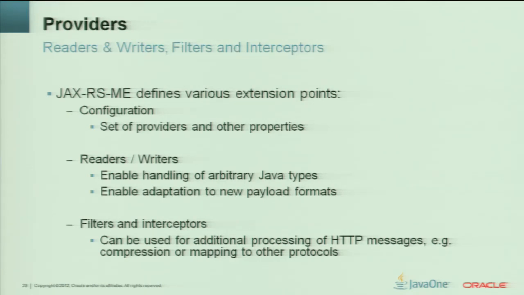So you can set the providers on the configuration, and you can have multiple configurations in the same runtime. So you could imagine having even two different protocol configurations that you would use, and one would be using HTML and the other would be, for example, CoAP. The readers and writers can handle arbitrary Java types, and you can use them to adapt for new payloads and new formats. The filters and interceptors can be used to do additional processing, compressing, or mapping to other protocols.